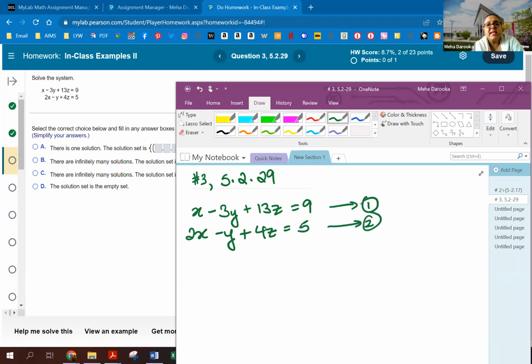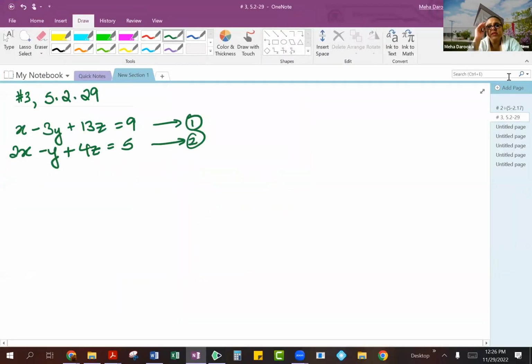So you're starting out the same way like we did the previous example here, guys. Pick either x, y, or z to eliminate. Which one do you think might be an easier variable for us to get rid of? X, y, or z? Okay, Della, you are suggesting x, and yeah, we can do that. What would we need to do to eliminate x?